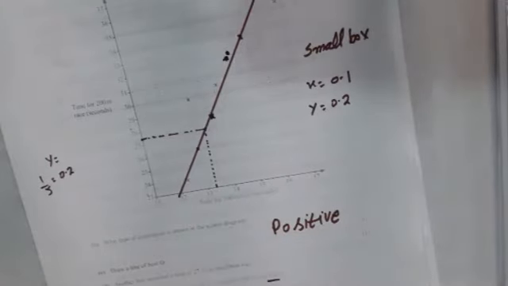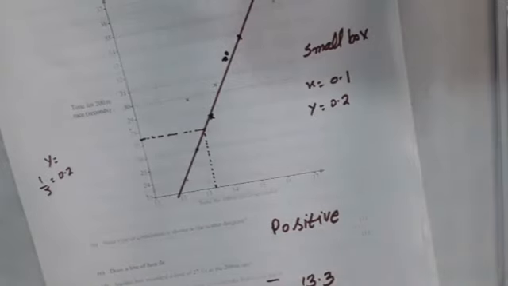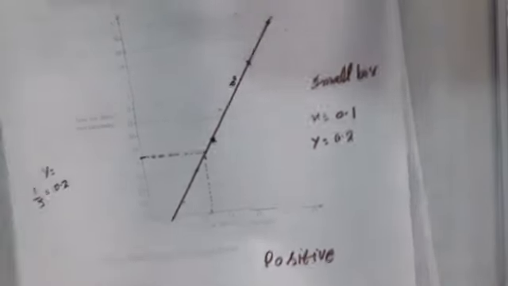This is approximately 13.3, 13.4 you can write, but it is 13.3. So 13.3 seconds for the 100 meter race. This is your second question. Then this is your third question.